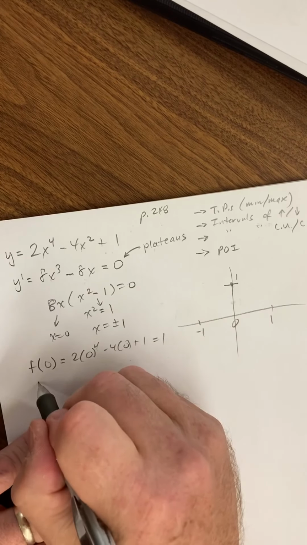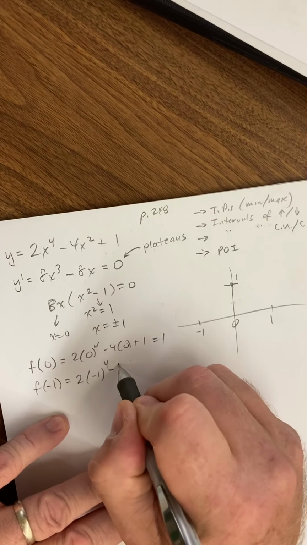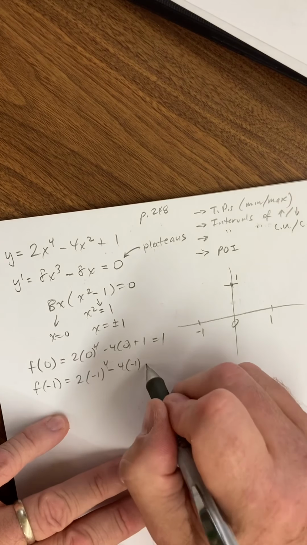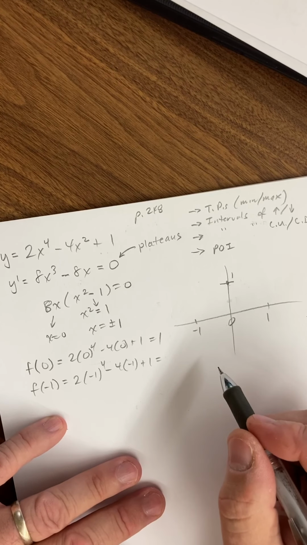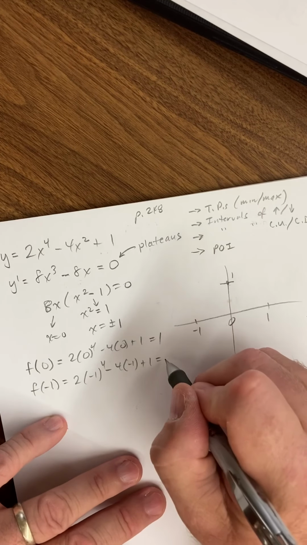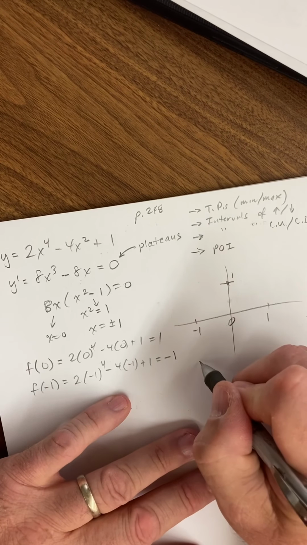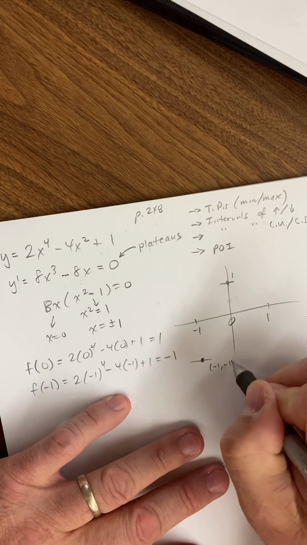Okay, now I'm going to plug in minus 1. So it'll be 2 times minus 1 to the power of 4 minus 4 times minus 1 squared plus 1, and if you plug that in, you get minus 1. Right? So it'll be minus 1 over here somewhere. So it plateaus at minus 1 comma minus 1.